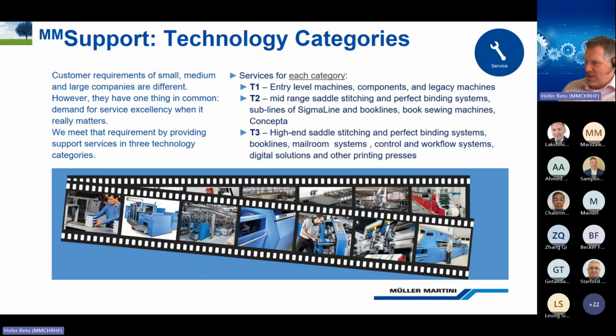T2 is a mid-range machine, saddle stitching, perfect binding. And T3, you're really talking about high-end saddle stitching, perfect binding, digital equipment, including workflow systems, where we have a high degree of automation, a high degree of integration, and a high degree of complexity. And that's the reason why we're separating here into the three technology groups.